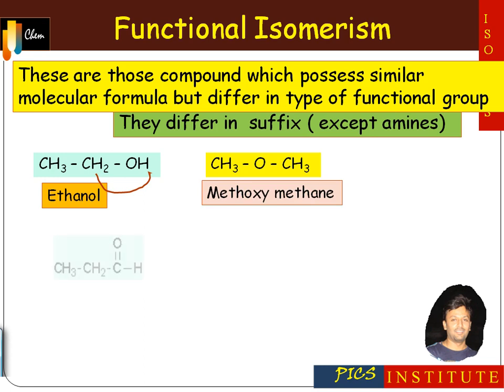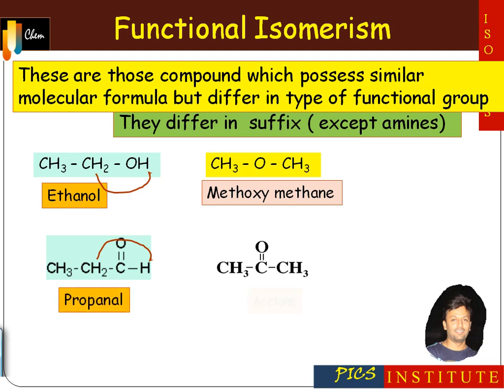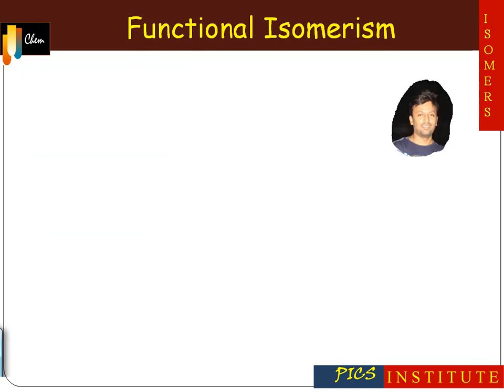Similarly, for aldehyde, after shifting CH2 towards the right hand side, we get ketone. So the functional isomer of aldehyde is ketone. Similarly, for cyanide, the functional isomer is isocyanide.